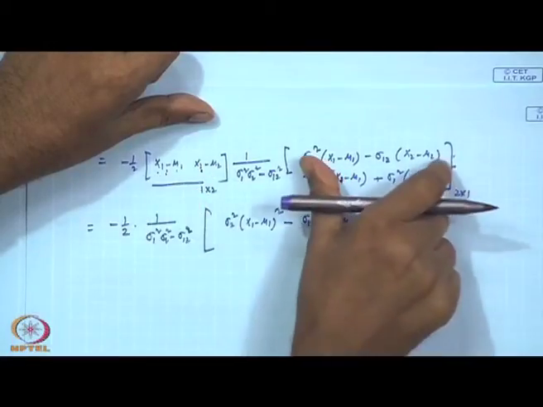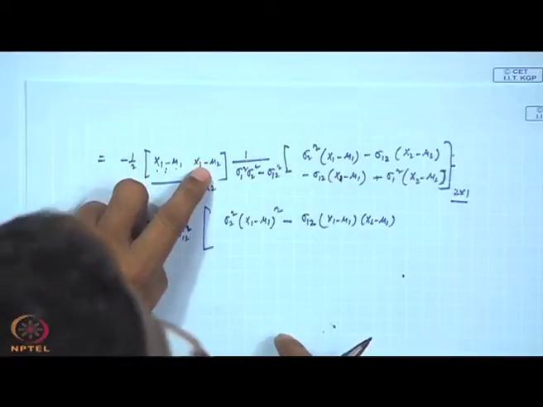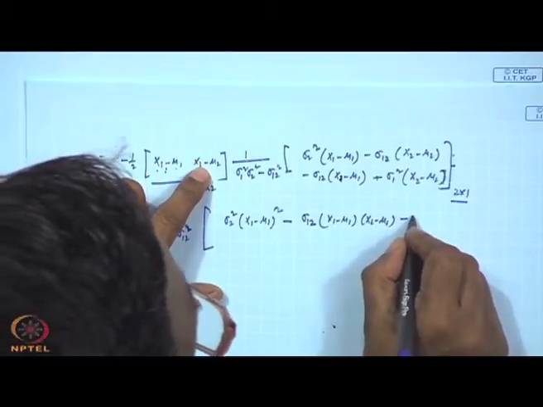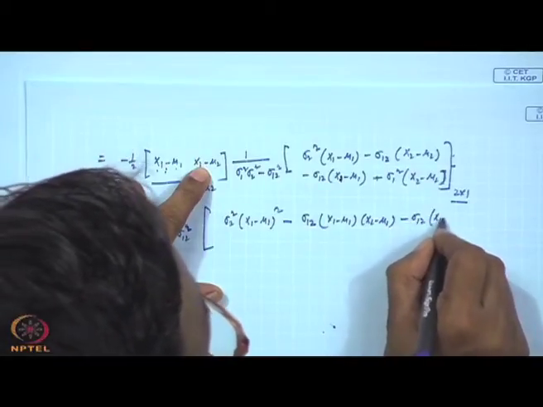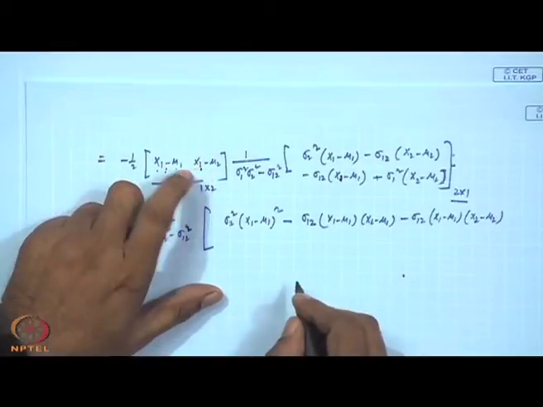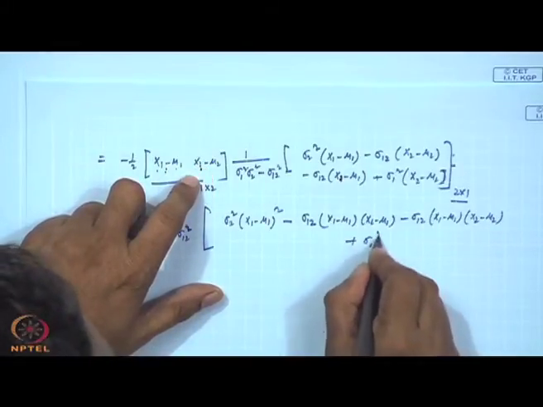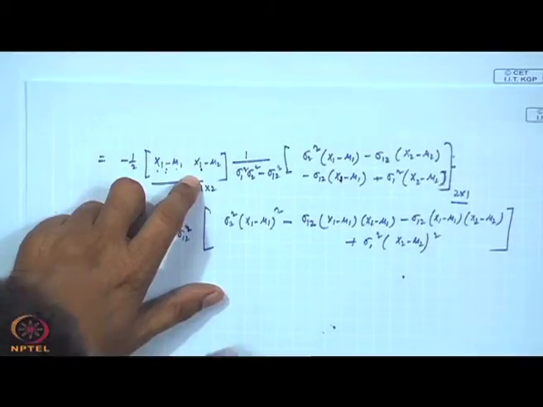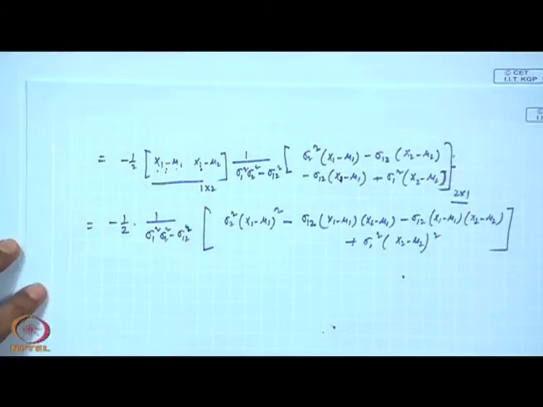Then the second column versus the second row: minus sigma 12 (x1 minus mu1)(x2 minus mu2) plus sigma 1 square (x2 minus mu2) square. That is the totality.